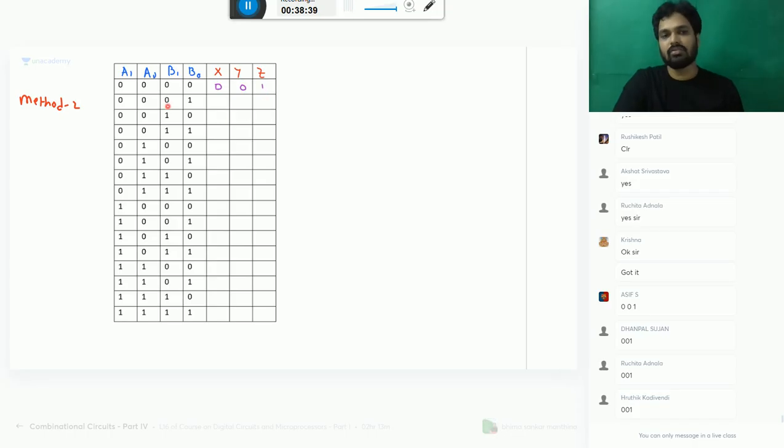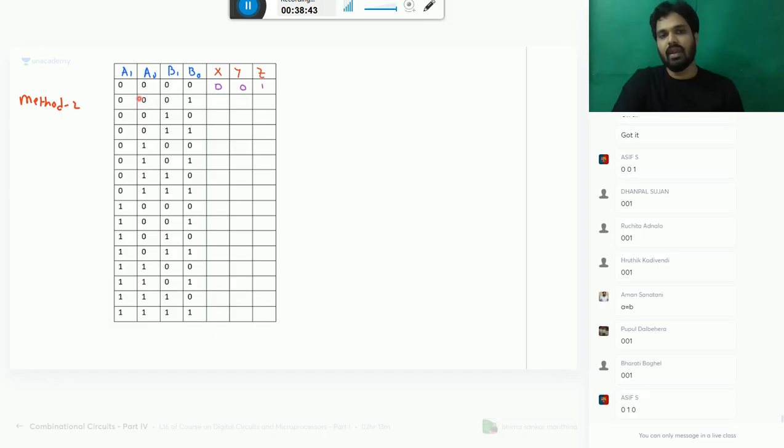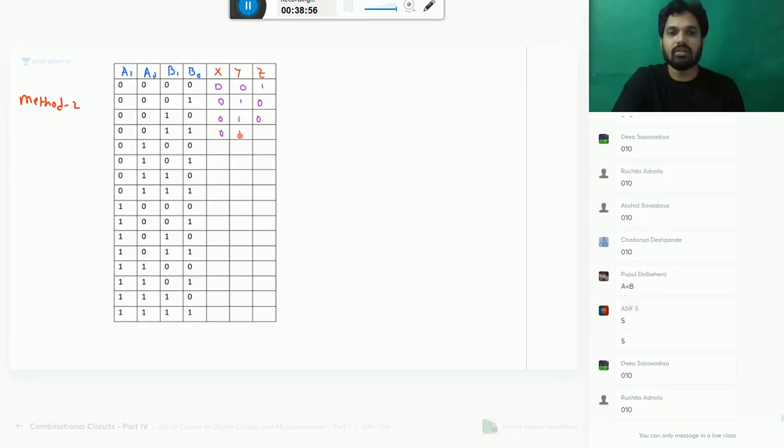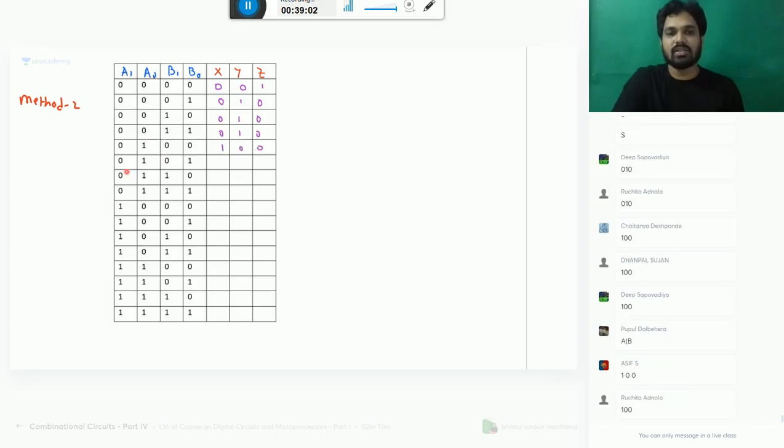Second case, A less than B. Third case also A less than B. Fourth case A less than B. Now fifth case, A greater than B. I mean, the next case is again equal to B. Can you fill this table?